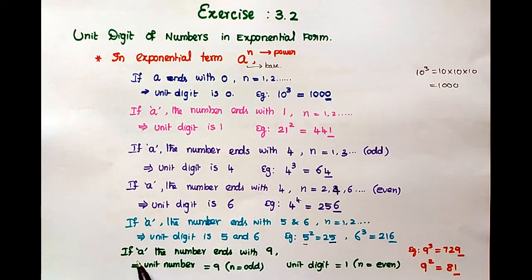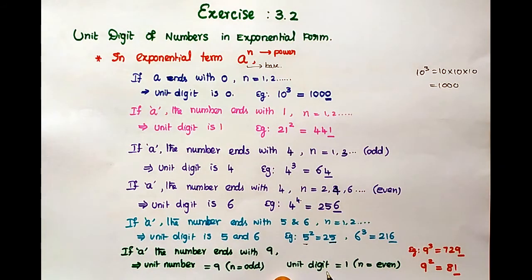Next one, if the number ends with 9, that means 29, 39, 19, 89 etc., when n equals odd numbers, the power being odd, we get the unit digit of the result as 9.